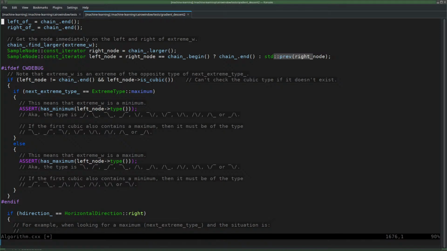But that means that the right node is not chain begin, and it is not chain begin because we asserted that the list is not empty. So right node equals chain end, and it's not equal to chain begin because chain begin is not equal to chain end.